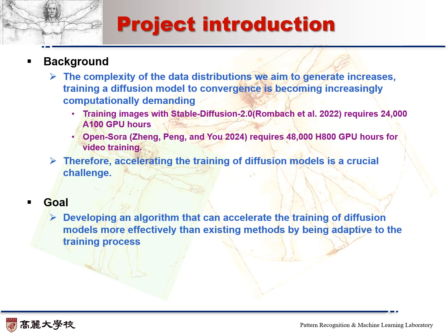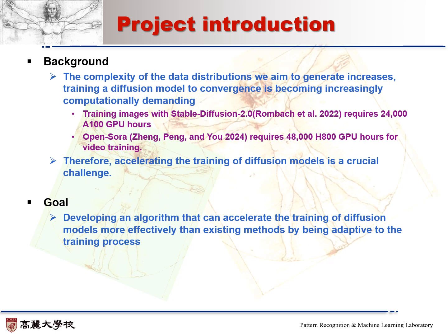For instance, training images with the widely known Stable Diffusion model requires a staggering 24,100 GPU hours. Moreover, video training is even more resource-intensive.